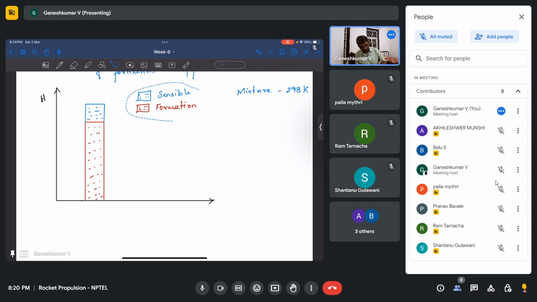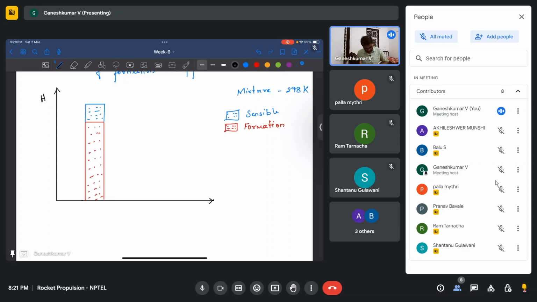Now upon combustion, you convert all or most of this formation enthalpy into sensible enthalpy. That is what exactly happens. This is for reactants, and for products your formation enthalpy will be very low. Those are low energy products, and your sensible enthalpy will remain high.